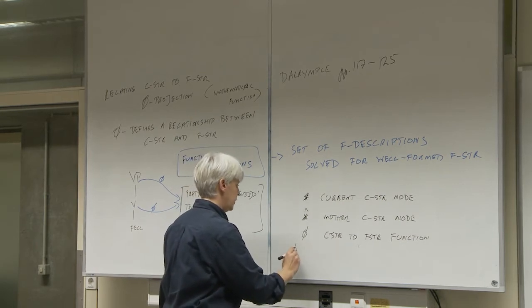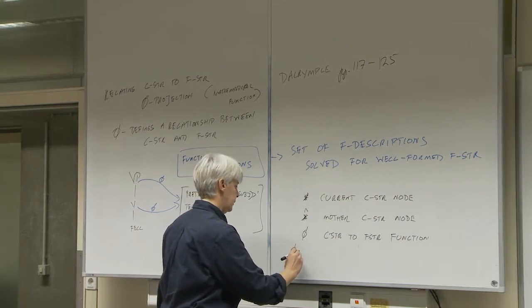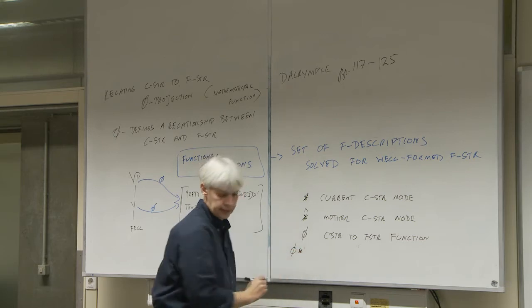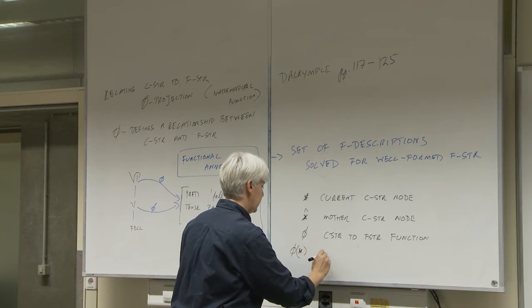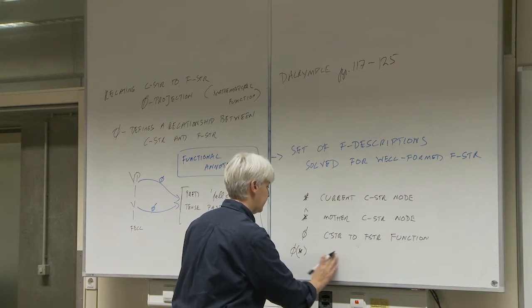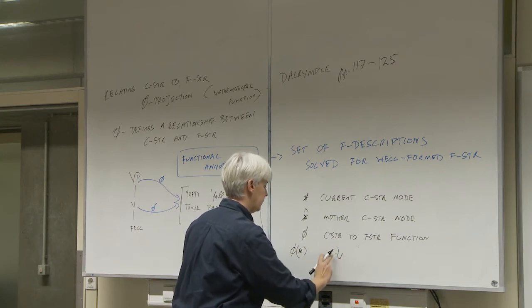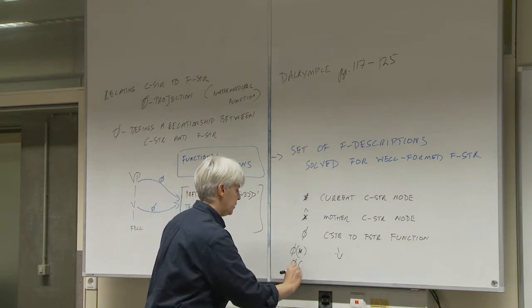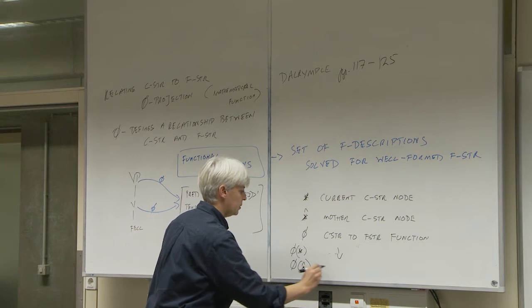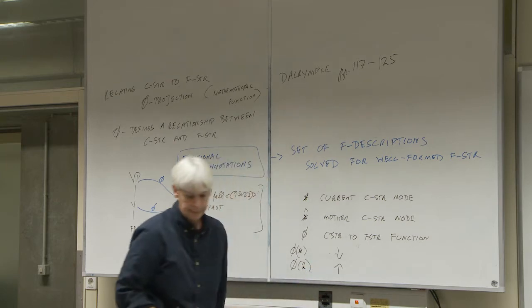The function applied to the current node is usually abbreviated as down, and the function applied to the mother node is usually abbreviated as up.